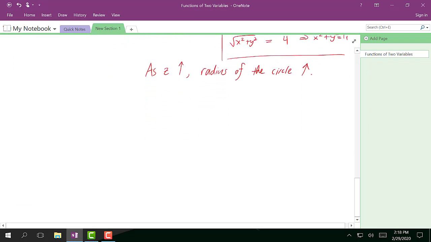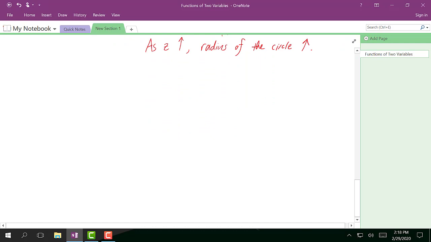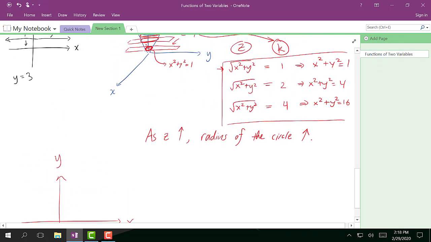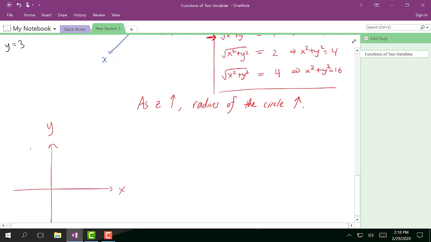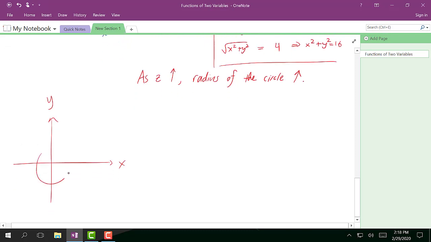Another way of writing this information that we had is to look at the xy plane. And I'll make this just a quick sketch before we do some examples. So what I had when k equals 1, right here again, this first row, is the circle x squared plus y squared equals 1. So let's go ahead and draw that circle.